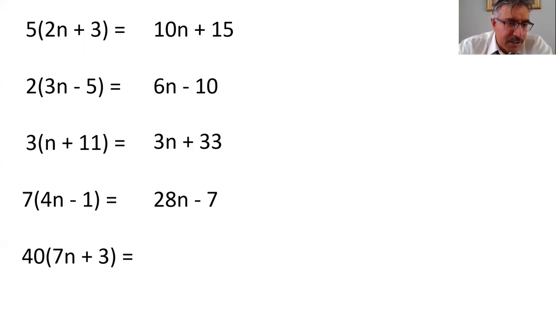So altogether, you're taking away 7. And the last one, you got 7 glasses of cubes, plus another 3 loose ones, and you got that 40 times. So you're going to have 280n plus another 120 loose cubes. Okay.